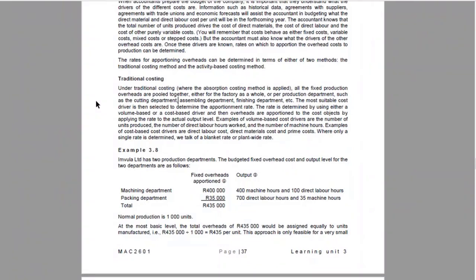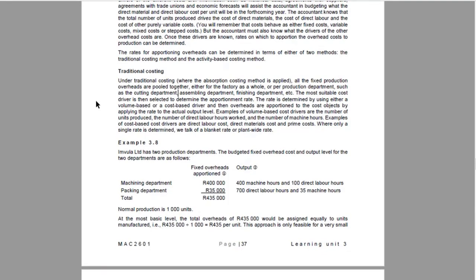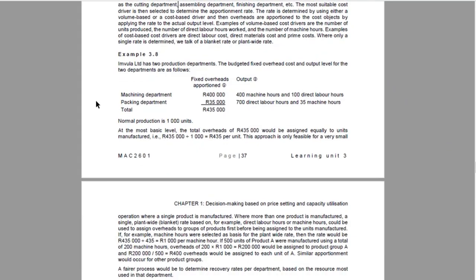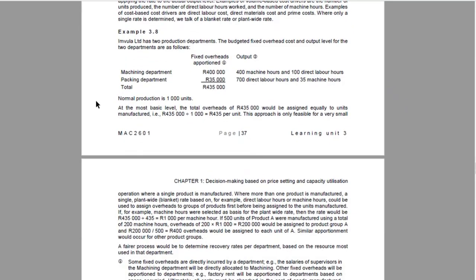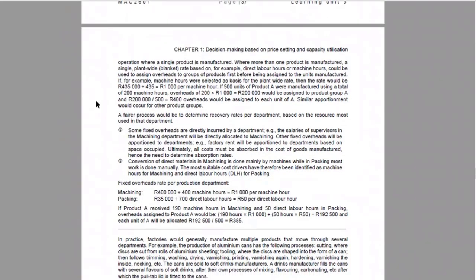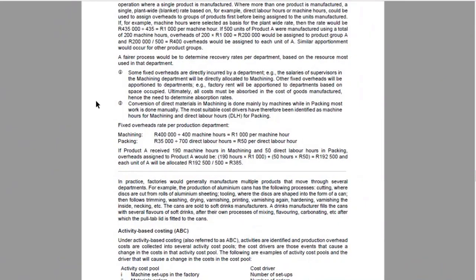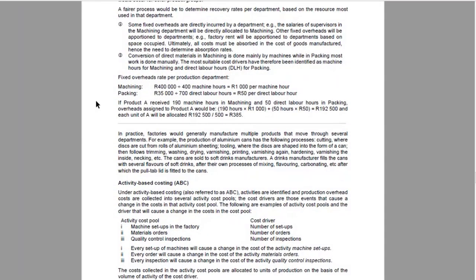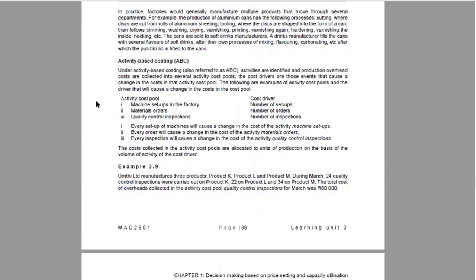We try to look at what the process is, what actually drives this cost. What are they actually doing within this department or within this process? Because we're no longer looking at volume based, but at what drives the cost. That's ABC.